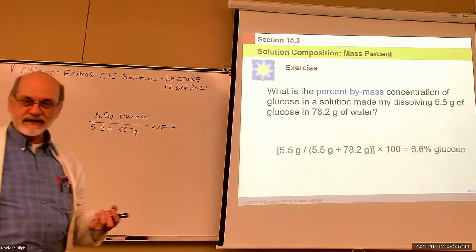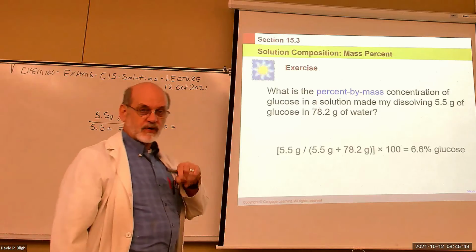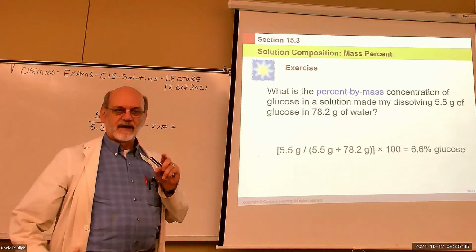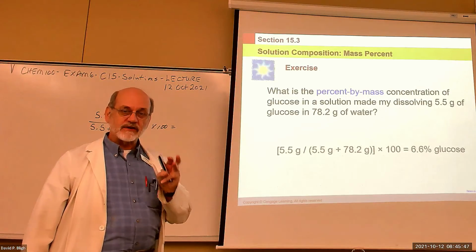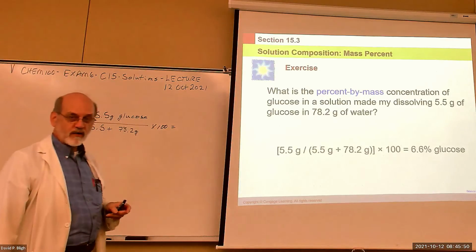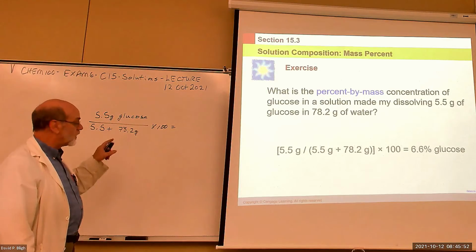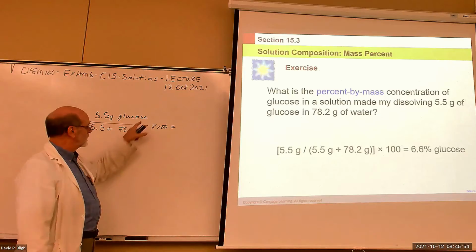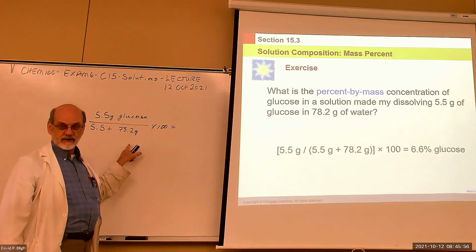Now, what does percent mean? Remember, percent means parts per 100. Parts per 100 means it's a dimensionless number. And the only way we know what the dimensions are is we know how the number was calculated. Grams versus grams.